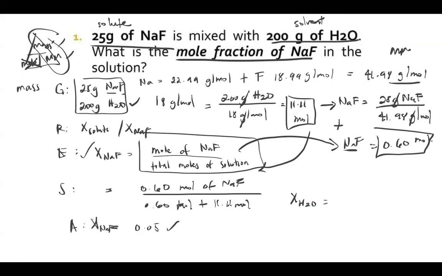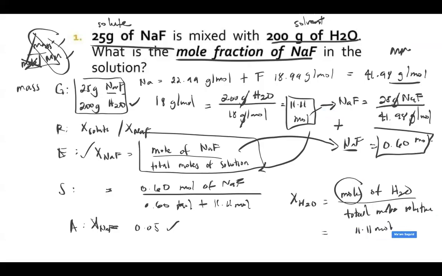So that will be the mole of water divided by the total moles of the solution. The mole of the water is 11.11 mole divided by 11.71, because this is the total mole of the solution earlier. We just have to add these two.